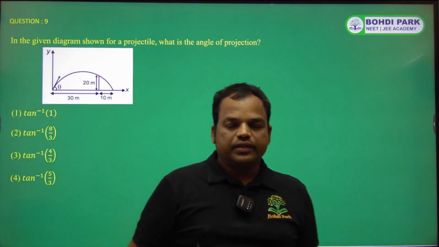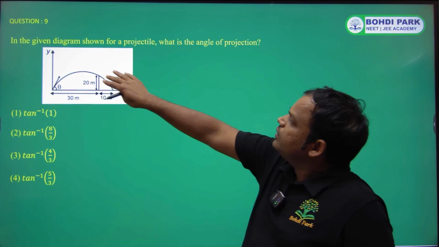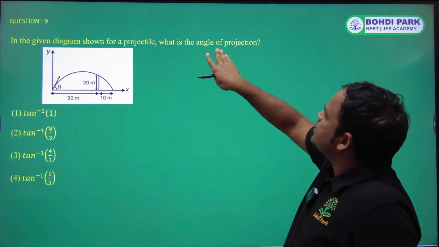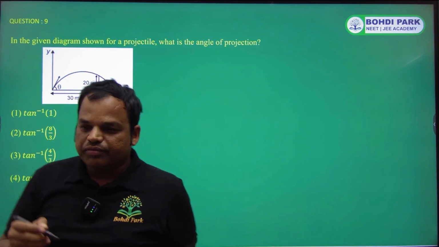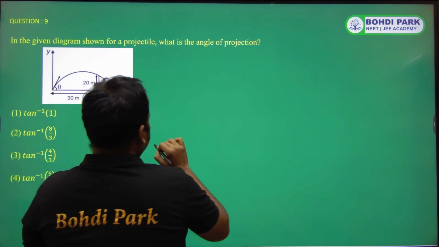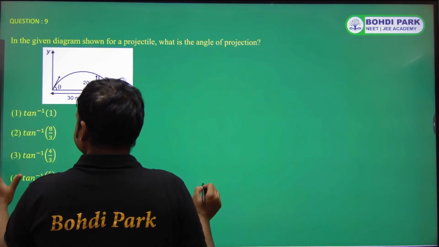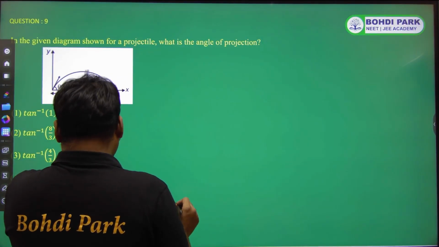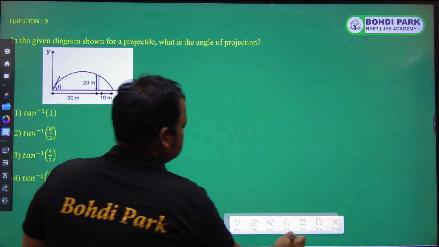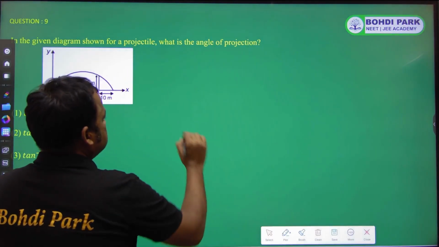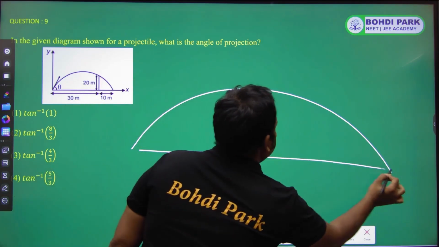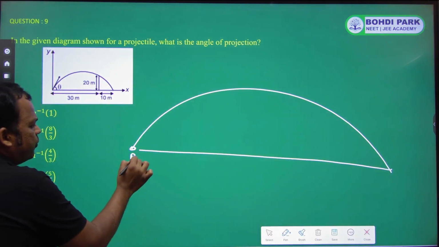Now look at this ninth question. In the given diagram shown for a projectile, what is the angle of projection? So we have to find theta. So you see, in this parabolic path, this is the point of projection.